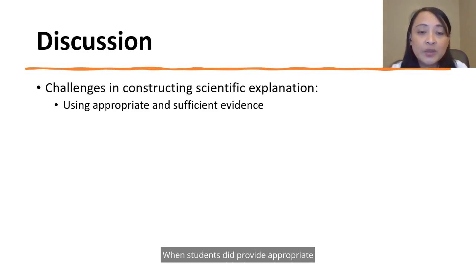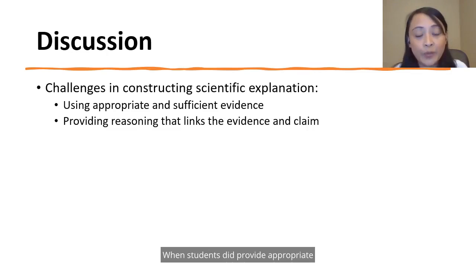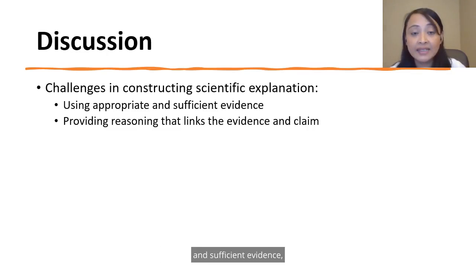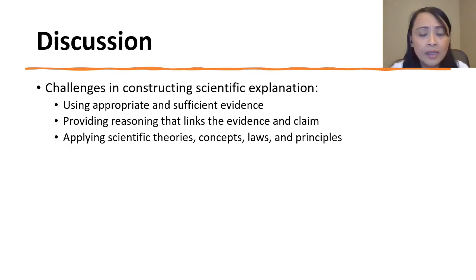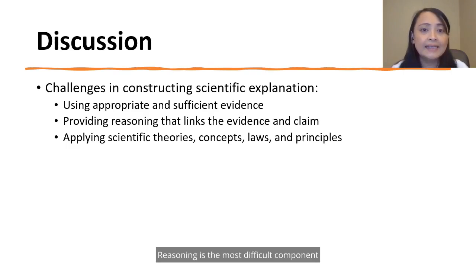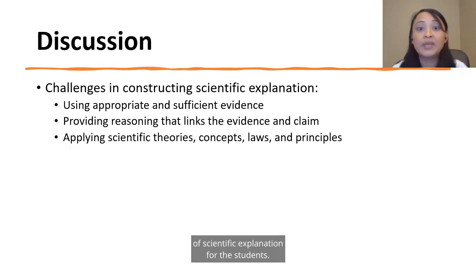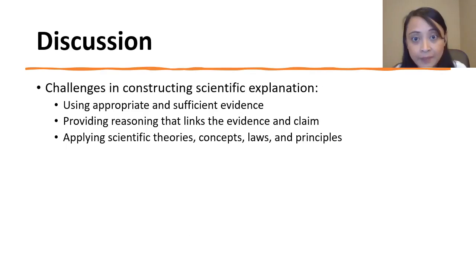So when students did provide appropriate and sufficient evidence, they often struggled to articulate the reasoning for why the evidence may support their claim. Reasoning is the most difficult component of scientific explanation for the students.